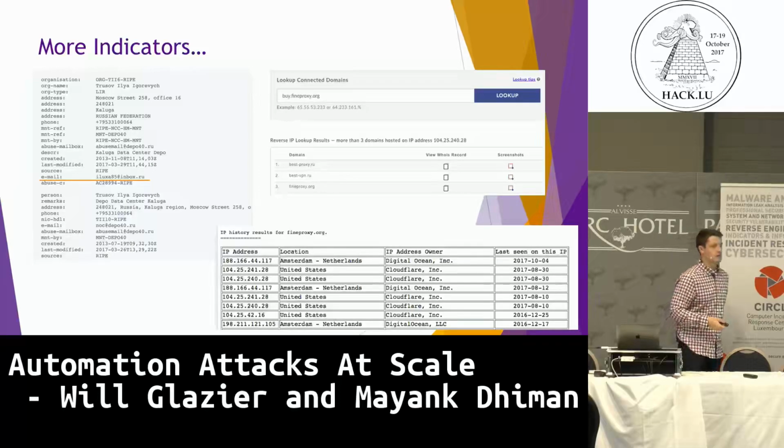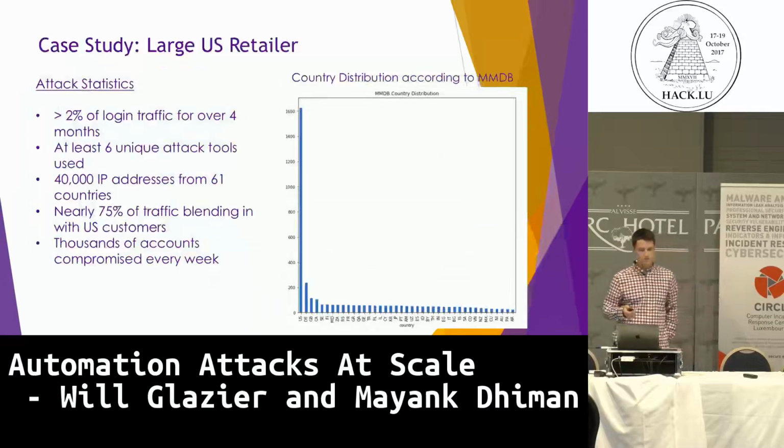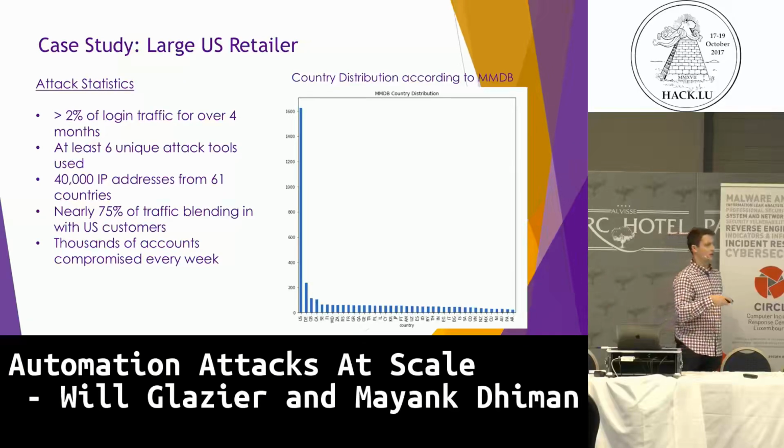It basically just rotates between Cloudflare and DigitalOcean for that domain. And we observed from these proxies and networks over 40,000 IP addresses from 61 different countries, 2% of login traffic at a US retailer for over 4 months.